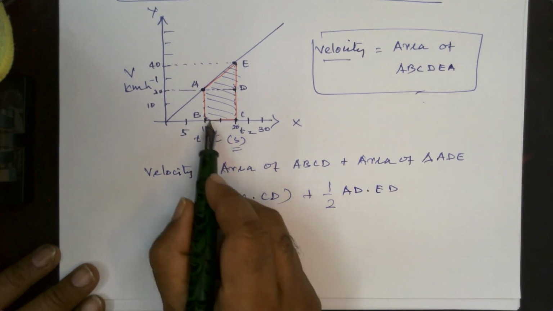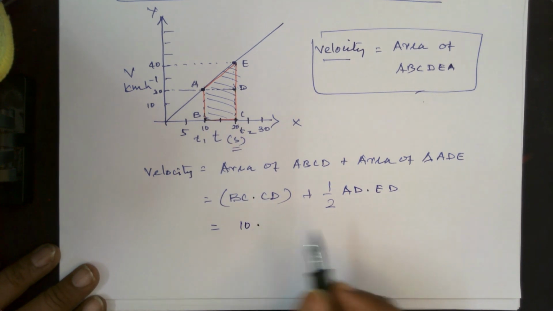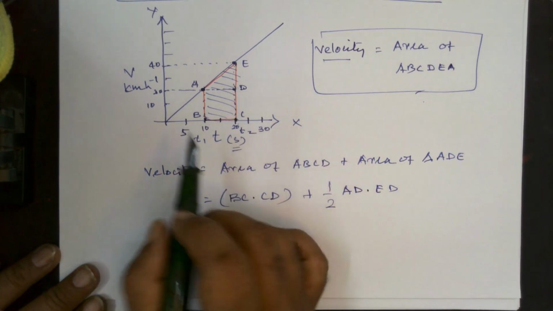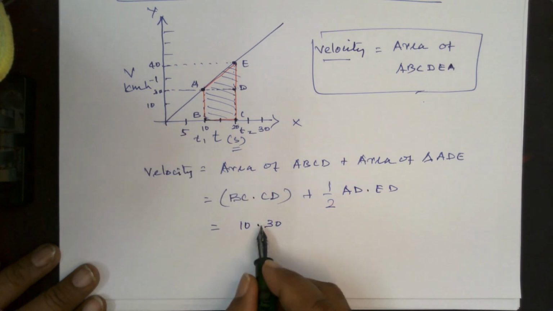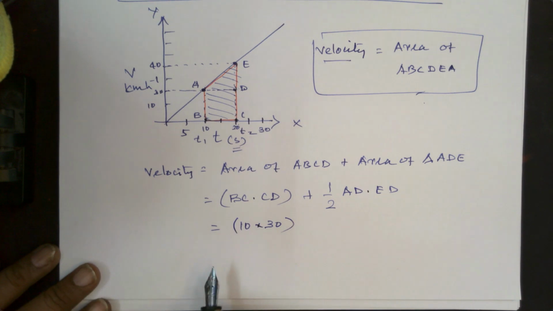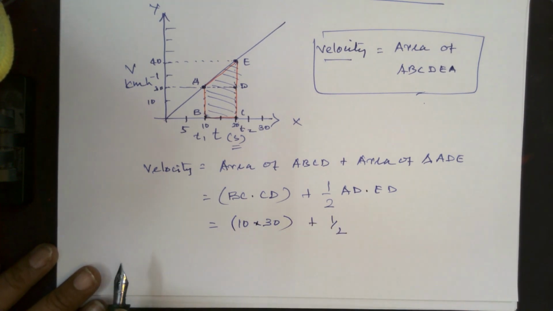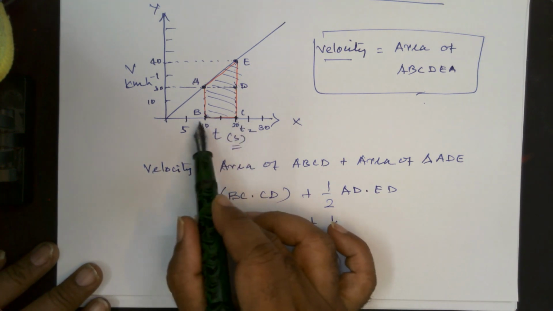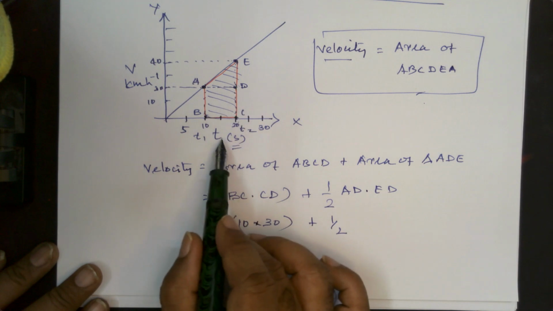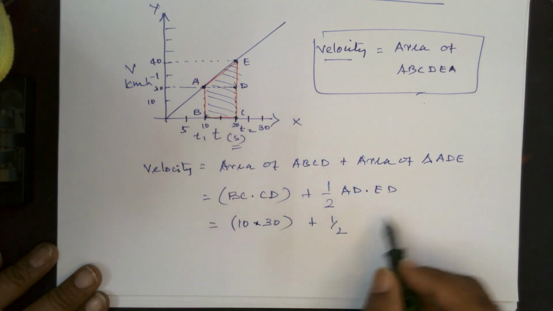Therefore BC is 20 minus 10, 10 into CD. CD is 0 to 30. So 30. Okay. Plus, what about this, half into, what is AD? AD is how much? The same. AD is 10.